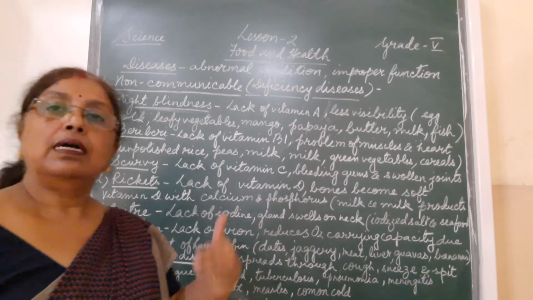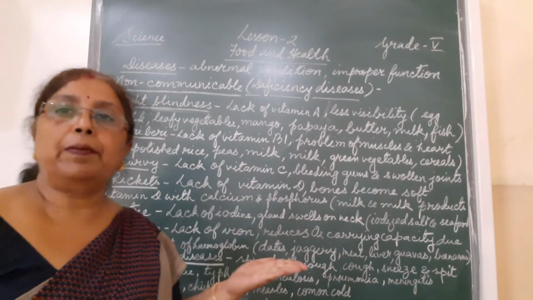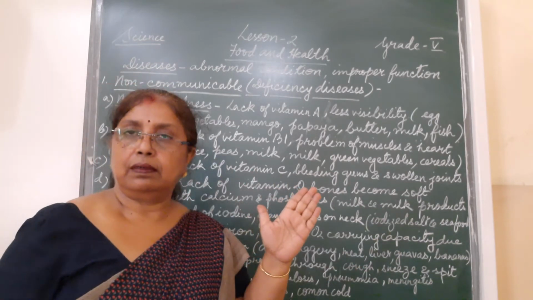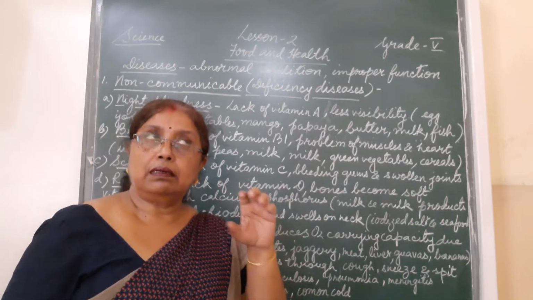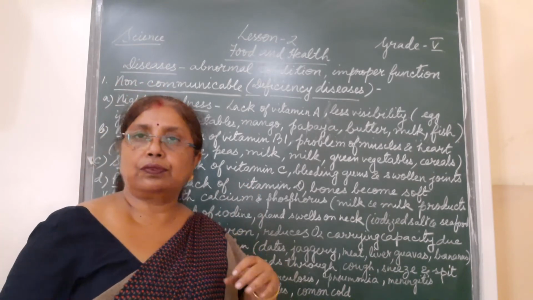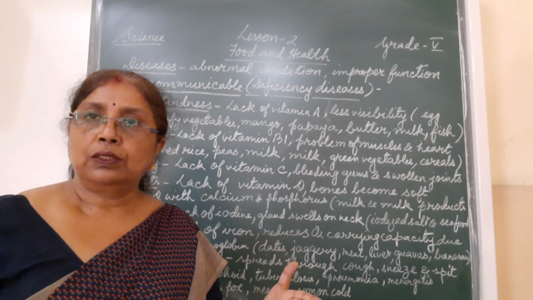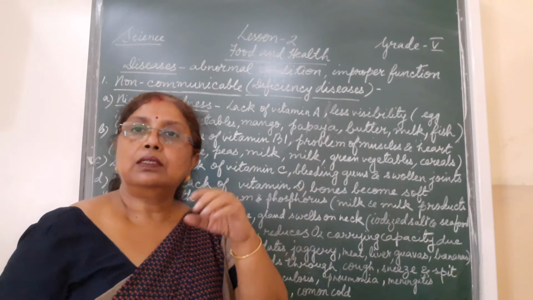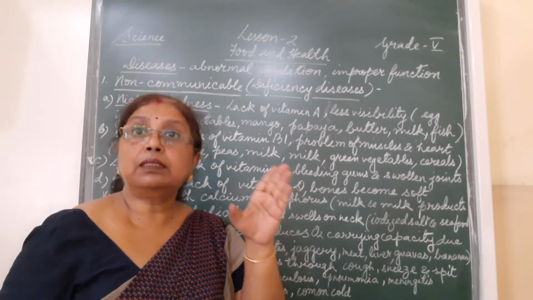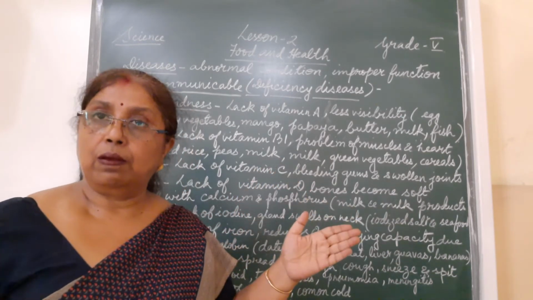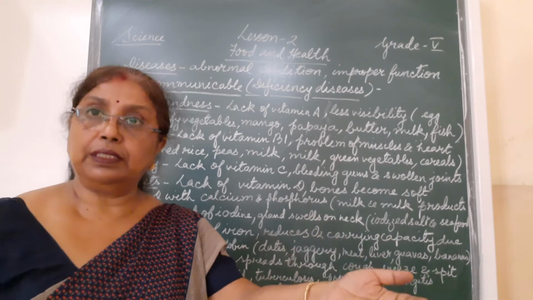And next is communicable disease, which spreads from one person to another. Now how does it spread? The patient sometimes sneezes or coughs or spits. From that, all the germs, means microbes which cause diseases, spread into the air or onto the surfaces.